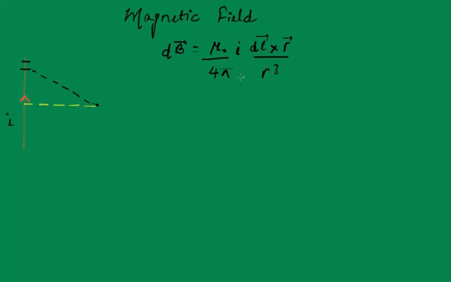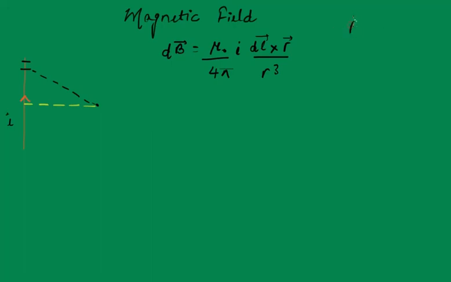It's very simple. It's very similar to what we have already studied in electrostatics. In electrostatics we know the force experienced by a charged particle in the presence of an electric field, or in other words, if you have two charged particles near each other, what is the force experienced by them?